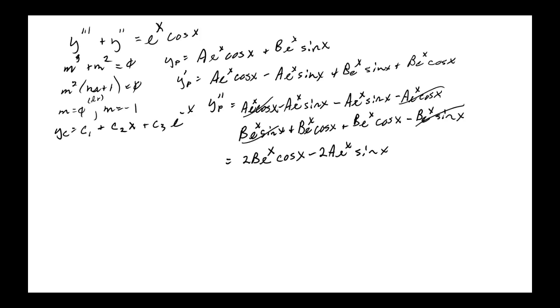Now, let's do y particular triple prime, which is just a derivative of that. Again, I'm going to lead with the positive. 2b e to the x cosine x minus 2b e to the x sine x.